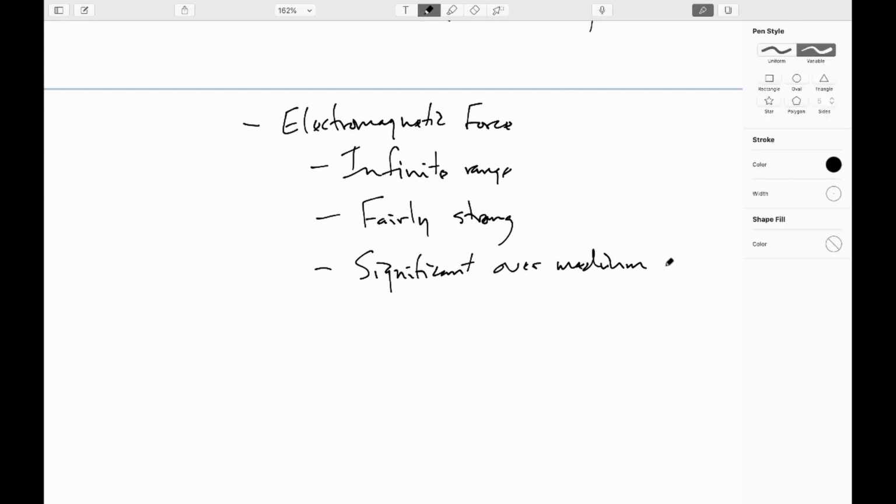So for instance, like an atom or something like that. And this has to do with the fact that the electric force has both positive and negative charges. Because opposite charges attract, if I have a whole bunch of, say, positive charge sitting somewhere, it'll attract negative charges nearby, or vice versa.